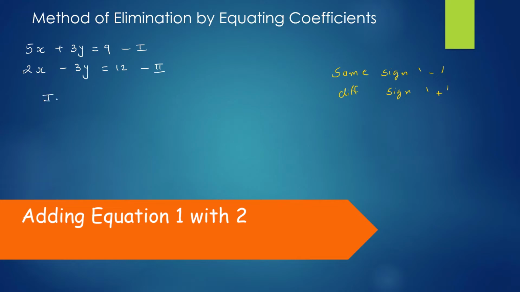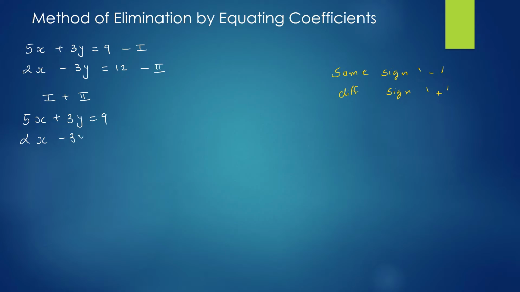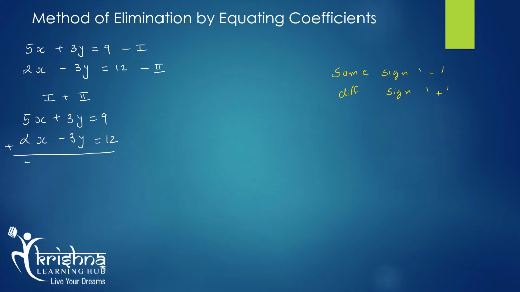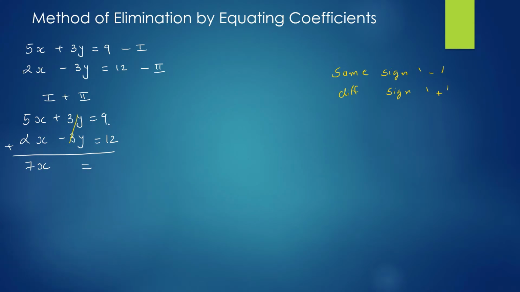So adding both equation 1 and 2: 5x plus 3y is equal to 9, 2x minus 3y is equal to 12. We will add 5 plus 2, 7x; plus 3y minus 3y will get cancelled, and 9 plus 12 is equal to 21.